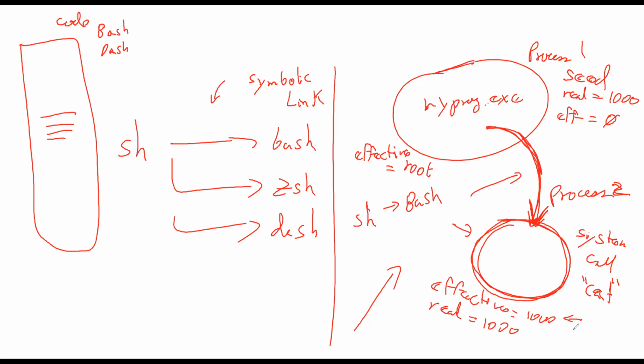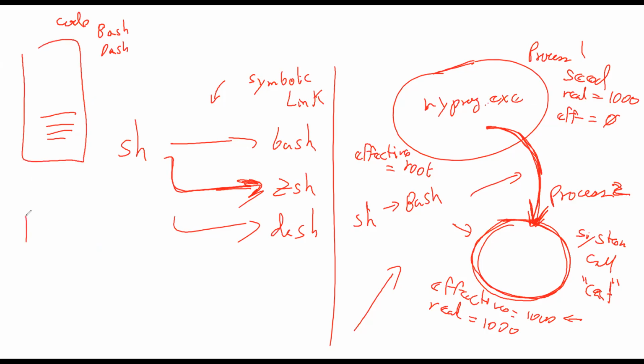However, what Austin said was, what happens if I change the symbolic link to CSH? Do you understand, Susanna? Yes, so CSH doesn't have that restriction. Exactly. Think of it this way: CSH is missing an if statement or two.